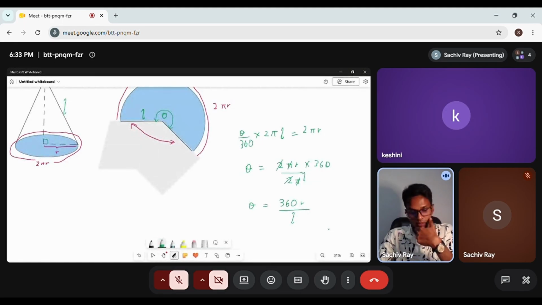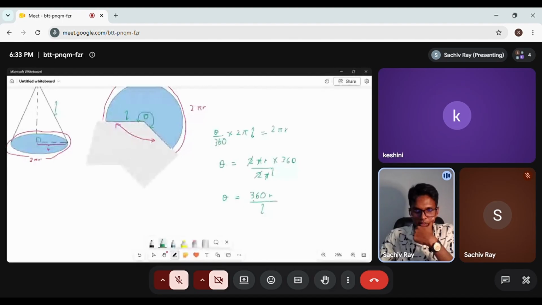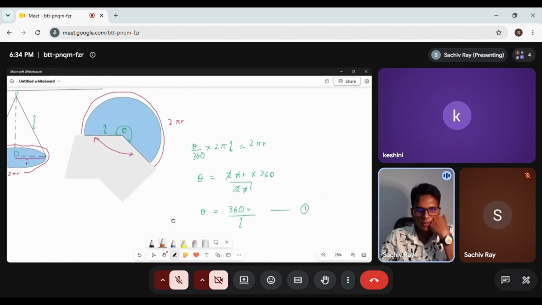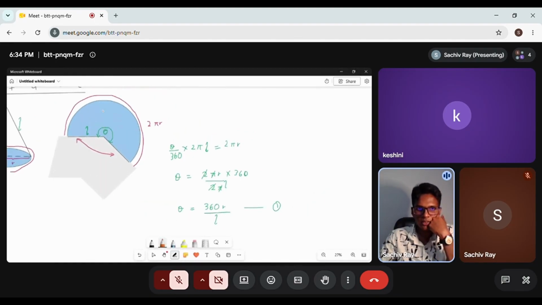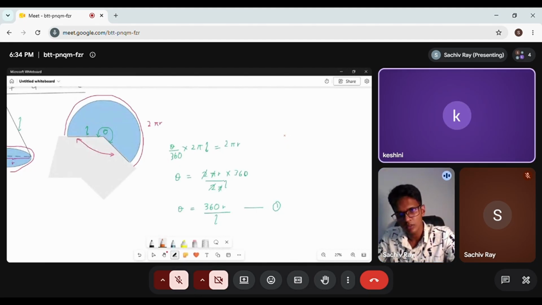Okay. Now let's find the theta. That's number one. Now you tell me, what is the formula to find the area of a sector? Pi r squared.